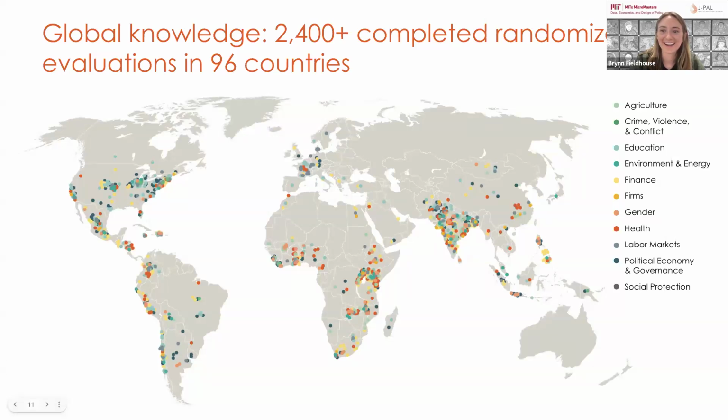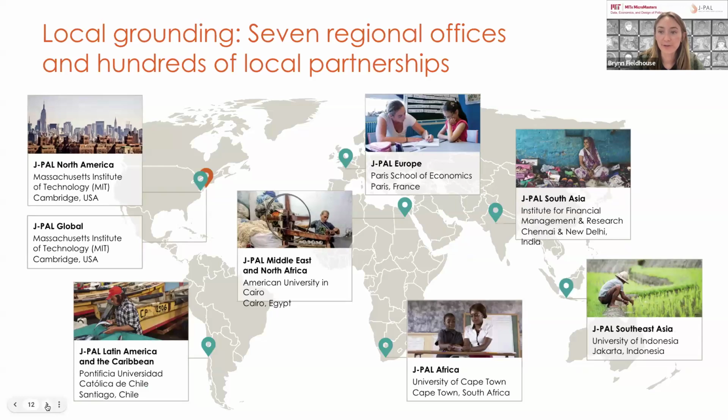So you can see a map of where all the research has been done on the screen. And our efforts are strengthened by global knowledge and local grounding through our 7 JPAL regional offices. These offices play a key role in building partnerships with governments and with local partners to carry out our work.